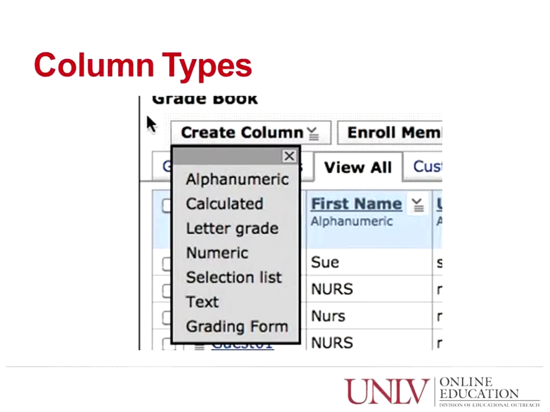Letter grade can be used, again, like the calculate column, not by itself, but in reference to something that you may have. So if you have a customized scale and you want to present the students with a letter grade rather than have them manually create their interpretation of their grade, you can provide that.